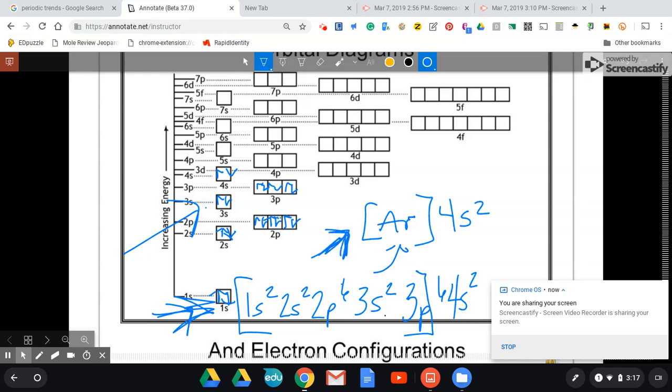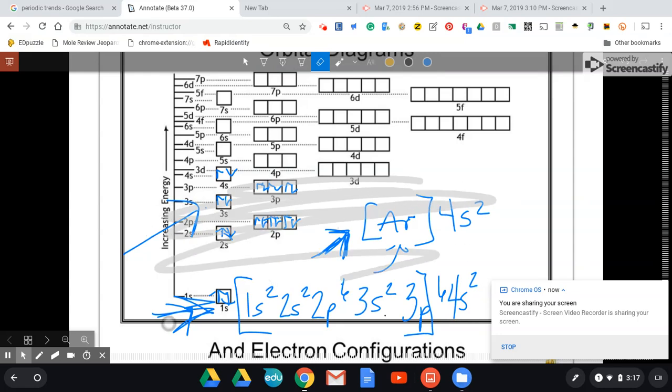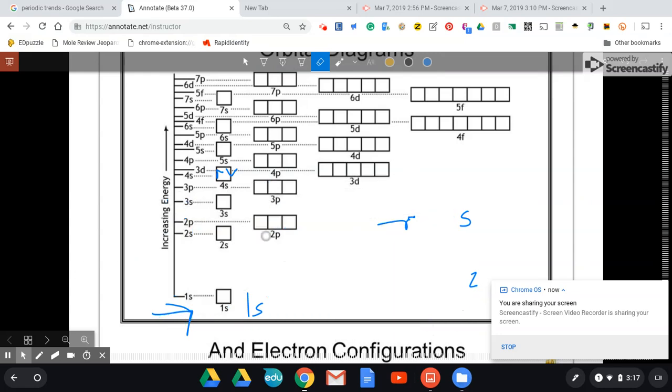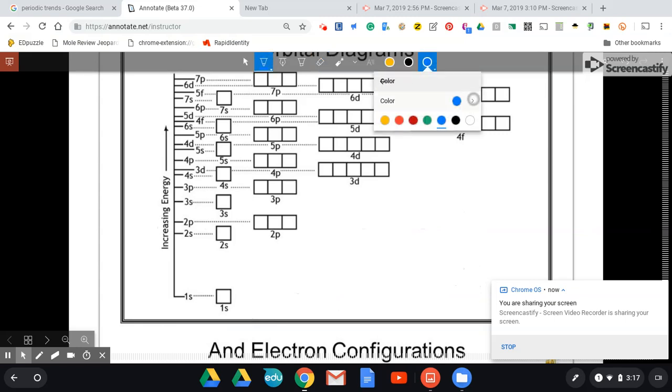All right, let's do another one. Let's do a d block one. So let's do zirconium. Zirconium is 40. Okay.